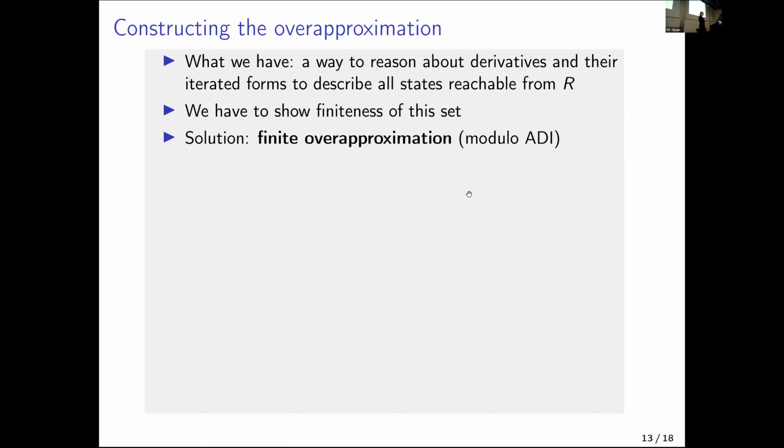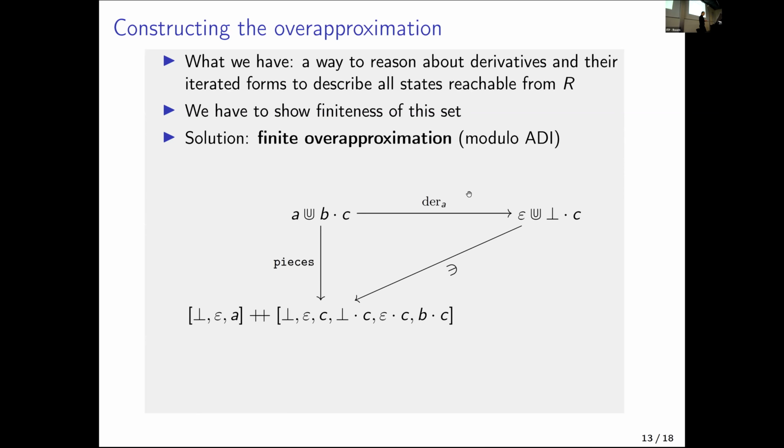Our solution is to define a finite over-approximation modulo this ACI relation. Some intuition is in this example. If we start with an expression of the form (A or B) concatenated with C, the pieces here correspond precisely to the over-approximation that we would like to define.